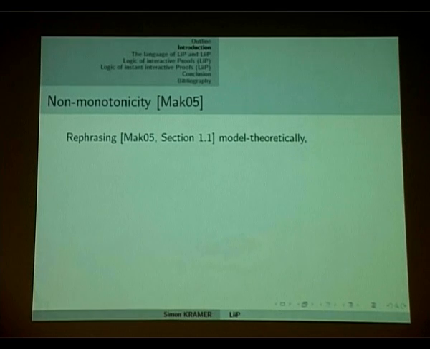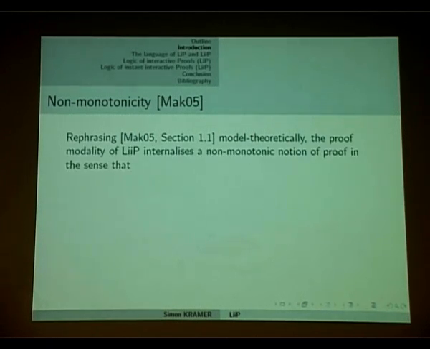Okay, so I would like to recall the definition of non-monotonicity by Makinson. This is from a chapter in the Handbook of Philosophical Logic. I rephrase it model-theoretically, because he states it proof-theoretically, since non-monotonicity is usually treated in a proof-theoretic way. I rephrase it in my context, because it's a modal language also, right?